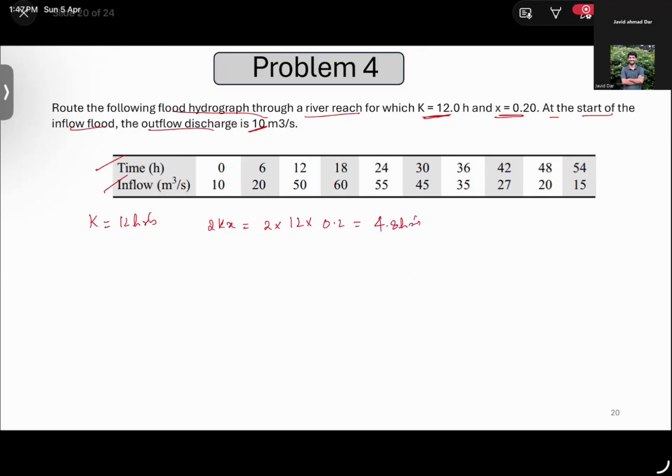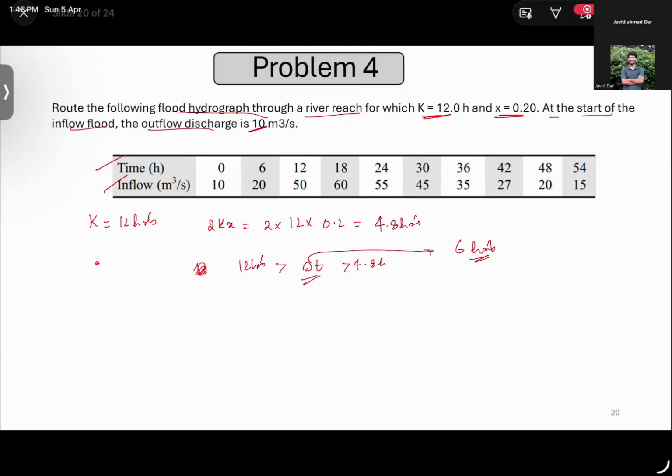It should be noted that the time step delta t used in the equation should be less than 12 hours and greater than 4.8 hours. Delta t is 6 hours, so it's okay now. We can proceed.